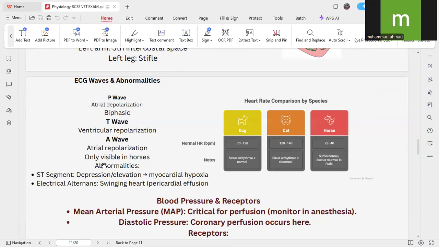This is important, abnormalities: ST segment depression or elevation indicates myocardial hypoxia. Electrical alternans, swinging heart, indicates pericardial effusion.